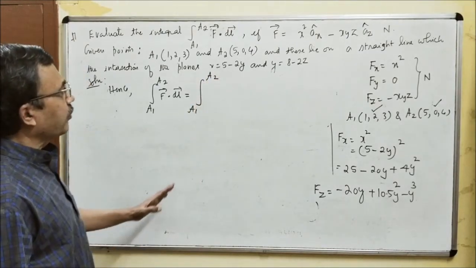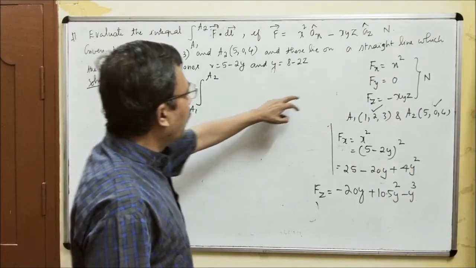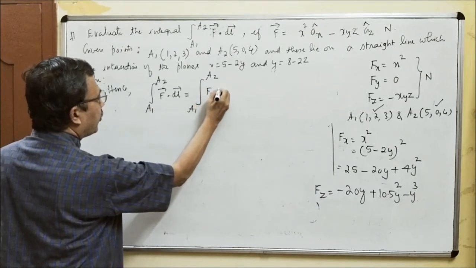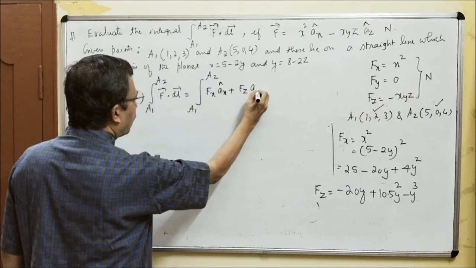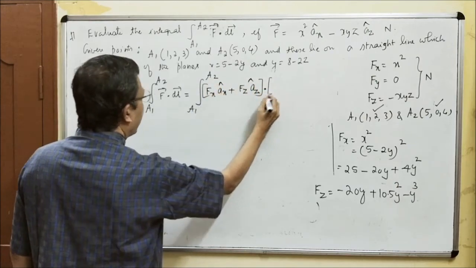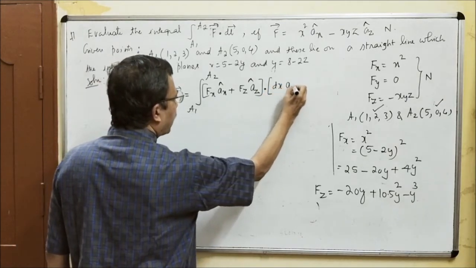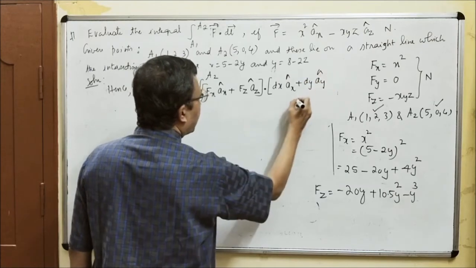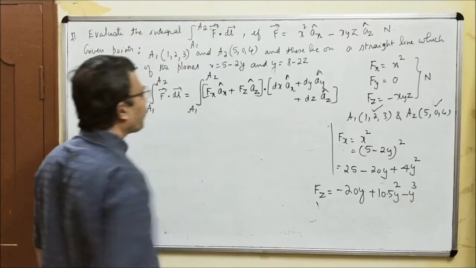Vector F has only components Fx and Fz: Fx ax cap plus Fz az cap, dot vector dL, which is dx ax cap plus dy ay cap plus dz az cap.